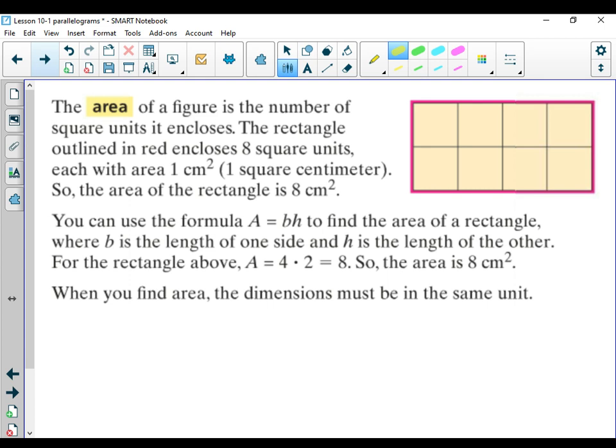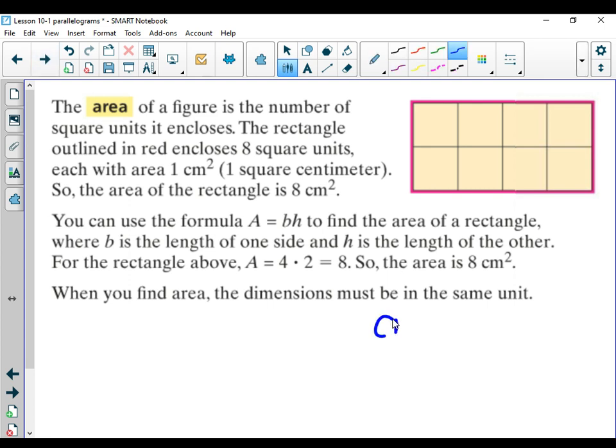The area of a shape is literally the number of squares it encloses. The number of squares on the inside. Did you find it? Very top of the page. When someone is talking about area, it's literally how many squares are on the inside, which means you label it in units squared.